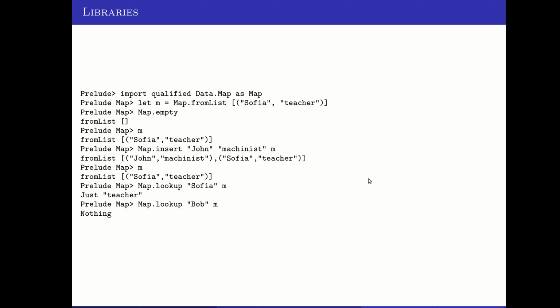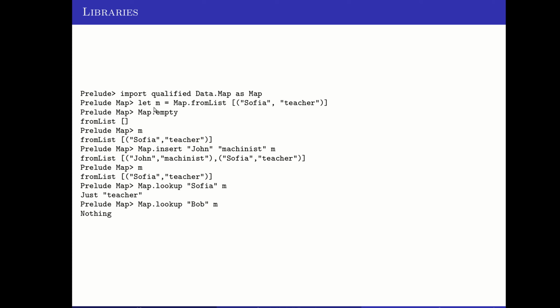Now we talk a lot about map as a behavior and as a function in functional languages, but of course many of you are familiar with map as a data structure as well. So here's an example of importing the Data.Map library. It's worth noting that you can shorten the name or give a nickname to something by using qualified, and then you can name it as Map, for instance, here, so I don't have to type out Data.Map lots of times.